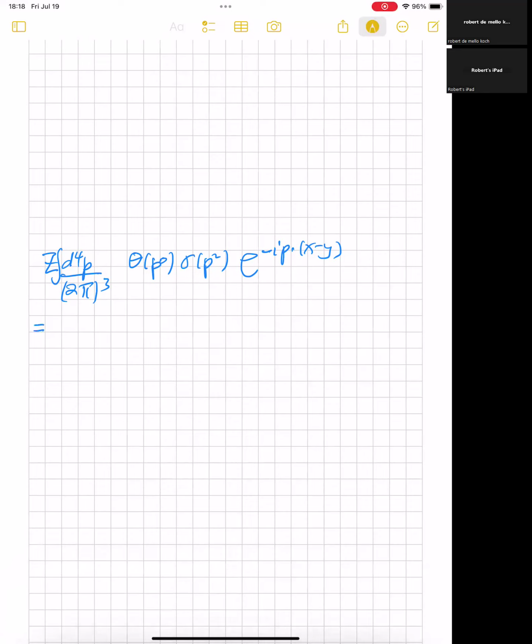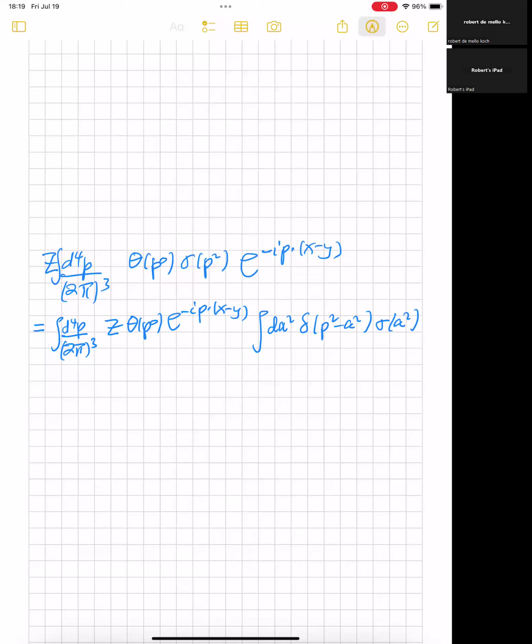So what I'm going to do is I'm going to introduce a delta function. So we'll have an integral d4p over 2 pi cubed. We'll have a Z, theta of p naught, e to the minus i p dot x minus y, and then we'll have an integral dA squared delta of p squared minus A squared, sigma of A squared.